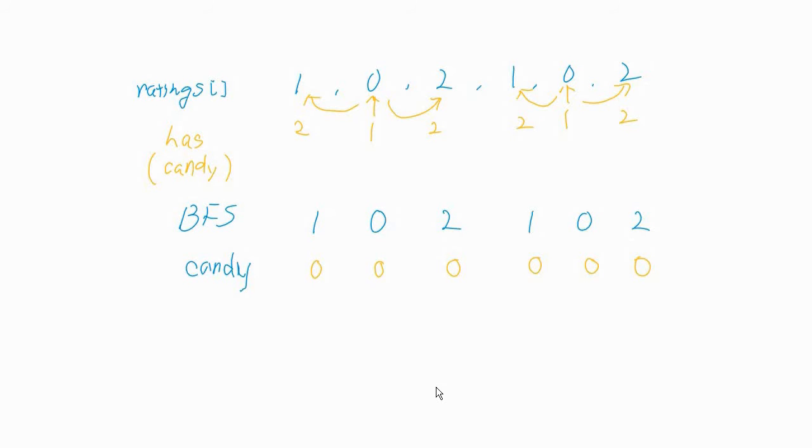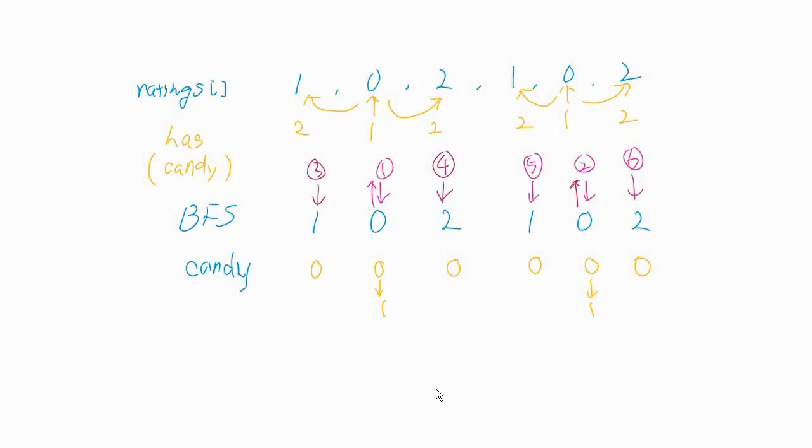Candy counts for the children will be initialized as 0 at the beginning. And at the beginning, the lowest ratings will be queued as a starting point. When it is popped from the queue, it will be allocated one candy considering its neighbor values. And then its neighbors will be queued, and the second 0 rating will be popped, allocating 1 candy.